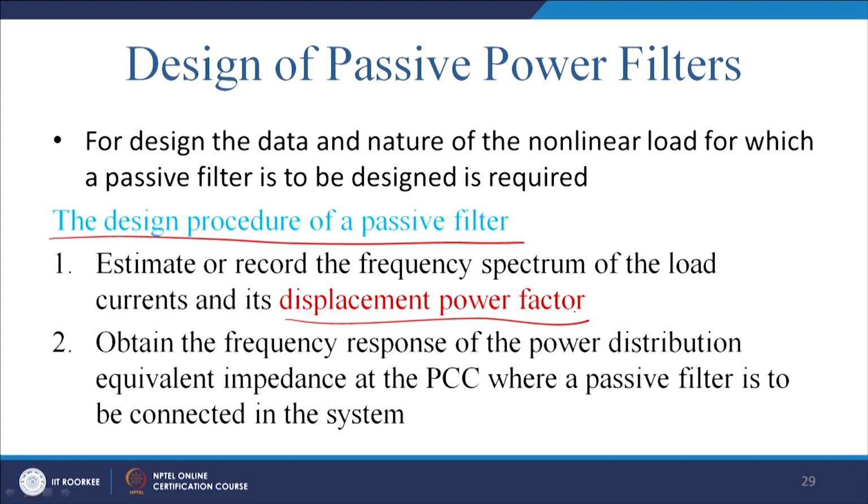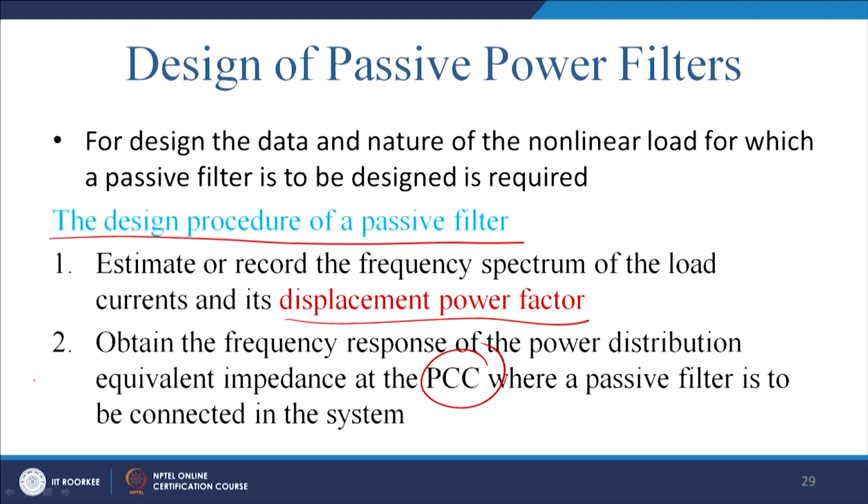These are the two important entities. From there you can calculate the THD. There is a link between displacement power factor and the THD. After obtaining the frequency response of the power distribution, the equivalent impedance at the PCC, that is the point of common coupling where the passive filter is to be connected, has to be found out.